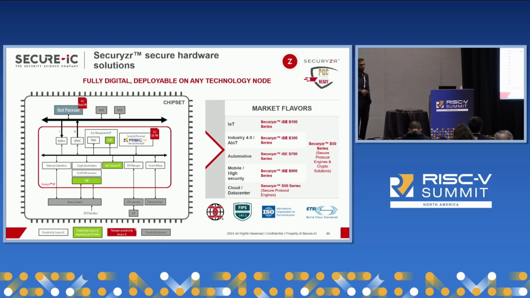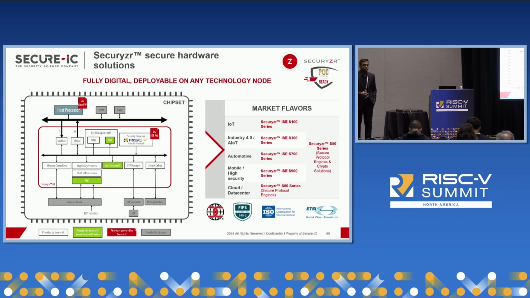And why am I showing this to you guys? Because we leverage a RISC-V, as you see. And since it's part of a root of trust, it has to be safe and secure, especially with certification in mind, right? With FIPS, CC, and so on. And so we have a few flavors of this root of trust catered to different markets.